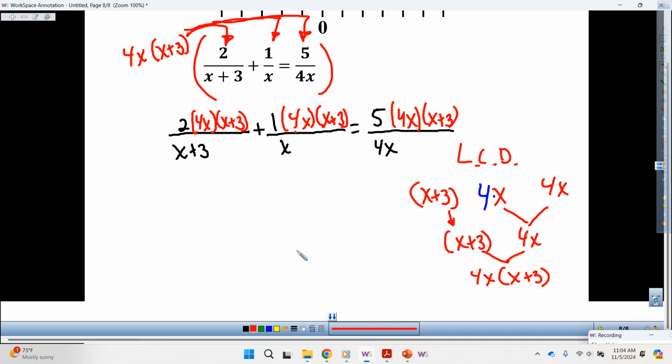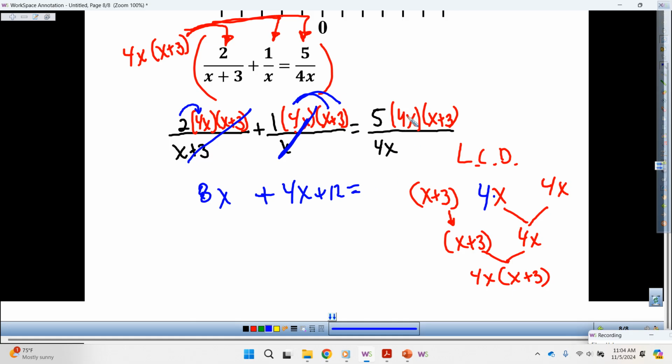Now that we have that, let's identify the giant ones. Help me with that one, please. Giant ones. We bring down 2 times 4x, that is 8x, plus what other? 1 times 4 and 4 distribute, so that gives us 4x plus 12 equals, and the last one?